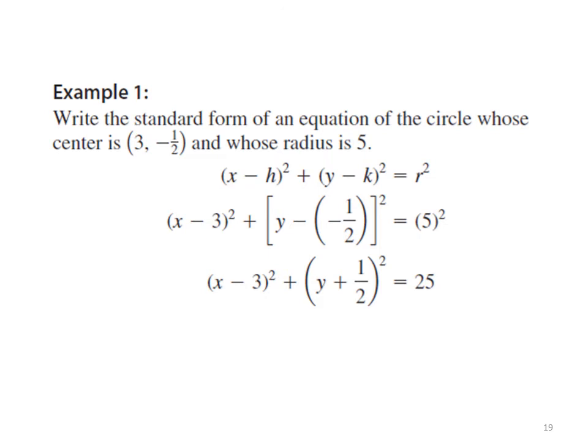The radius is equal to 5, so the right hand side becomes 5 squared. You can simplify this a bit. Here y minus minus 1/2 can be written as y plus 1/2. So our equation now becomes x minus 3 squared plus y plus 1/2 squared is equal to 25.